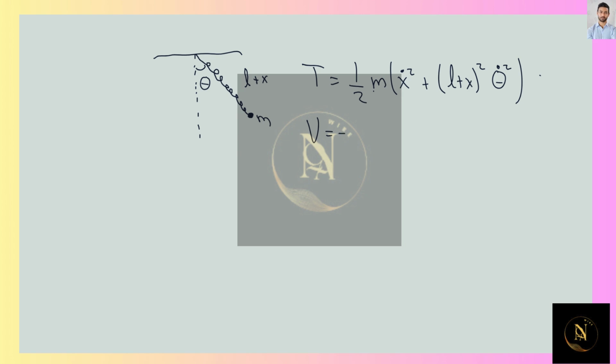That is going to be given by mg (L plus x) cosine of theta plus 1/2 of kx squared.